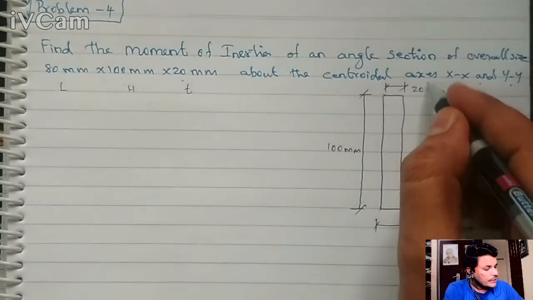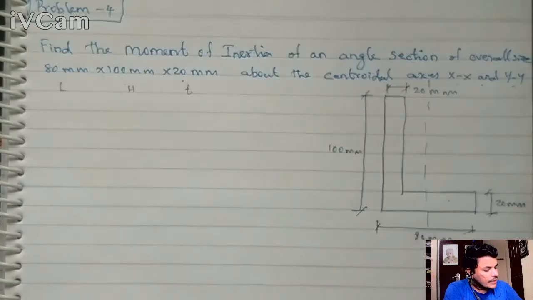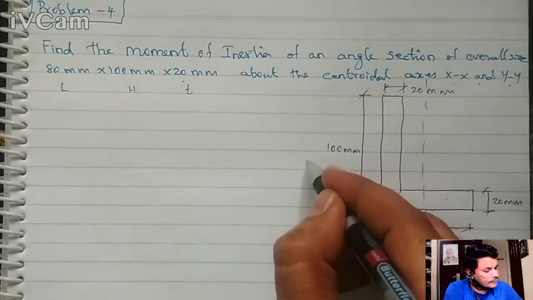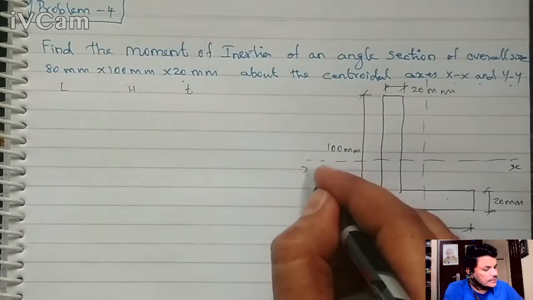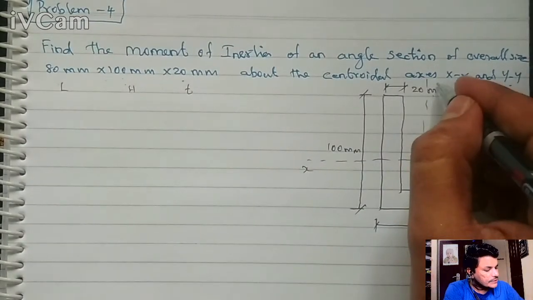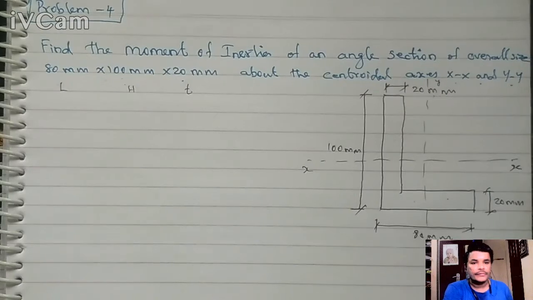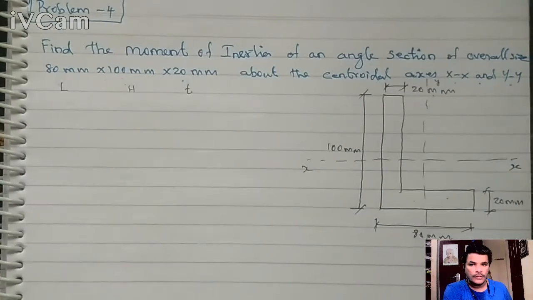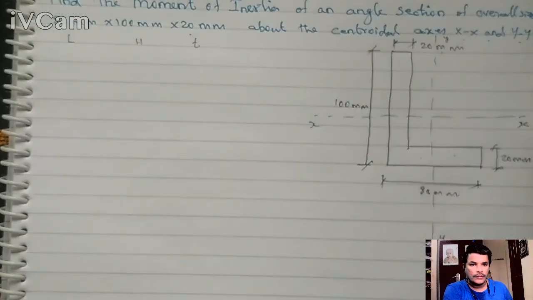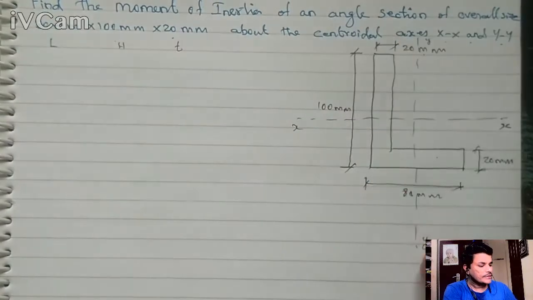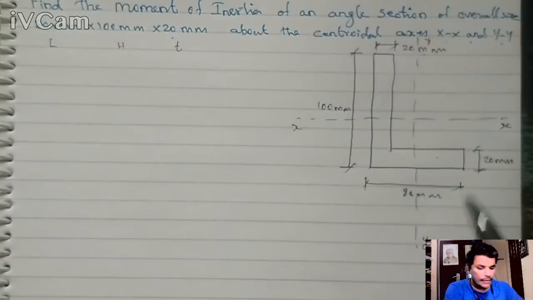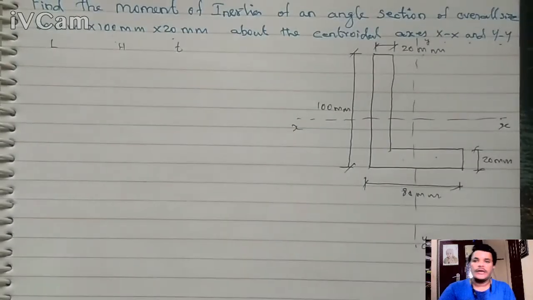So this is the centroidal axis. This is the xx axis and this is the yy axis.